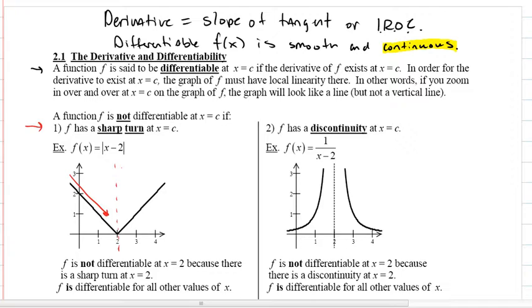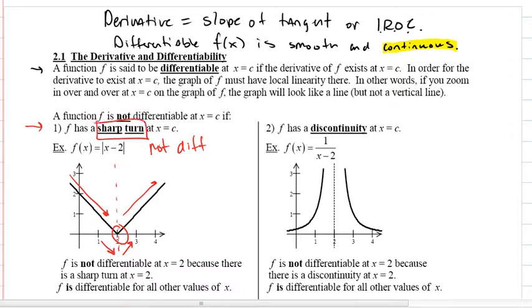There's a slope, so the derivative must exist. We know that there's a slope after 2 that's going up. Since the slope exists, the derivative must exist. But we can't define the slope at x equals 2 because it's a sharp point. You can't say that at x equals 2 the graph is going down, or that it's going up. It's neither. The derivative does not exist. So, not differentiable.